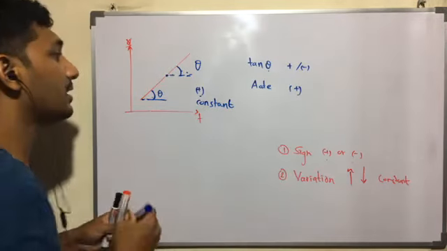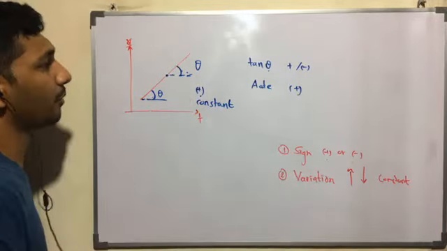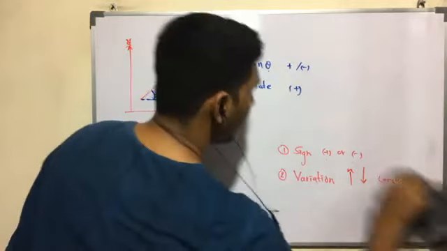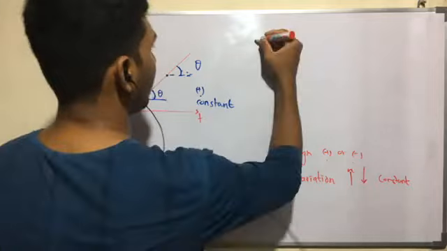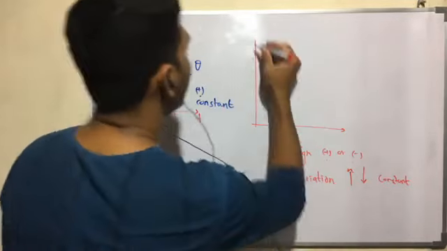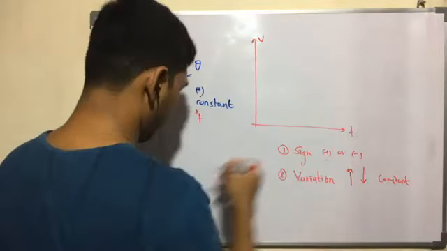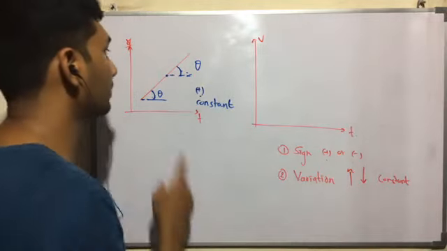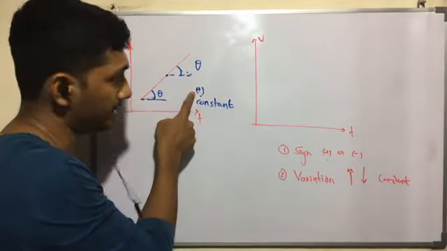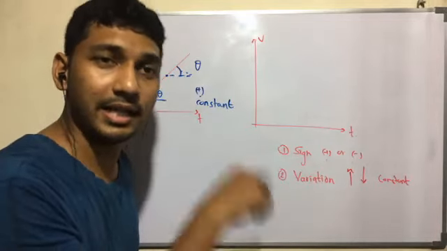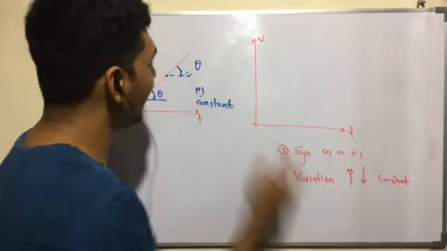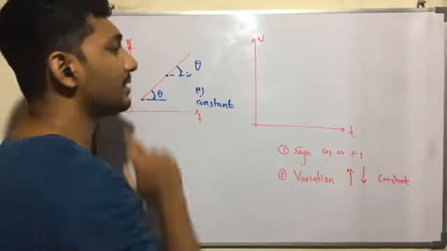So these are the two things that we derive from this graph. Now let's try to draw the VT graph. For this ST graph, the gradient is positive, so the velocity is positive, because the gradient is the velocity. It is positive and it's constant.